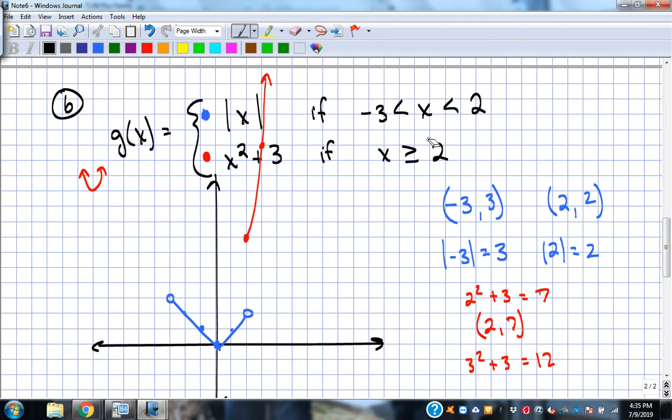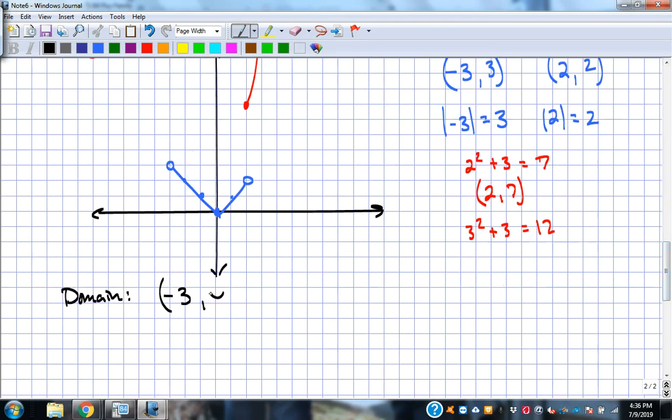So then I jump to the second piece. It picks up the 2 and uses it. It says, okay, you don't want the 2? I do. I'm going to use it. So we're not skipping 2. We're going to use 2 and everything bigger than that. So that gets us toward what? Positive infinity. So from -3 to positive infinity are going to be our x values that are used for this. It can also be written as x as long as x is greater than -3. That would be the set notation for that. Both of those mean the same thing.